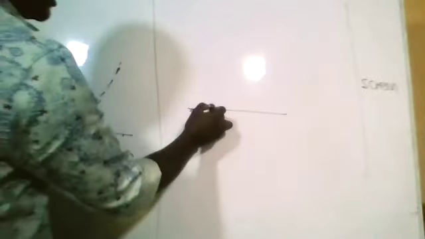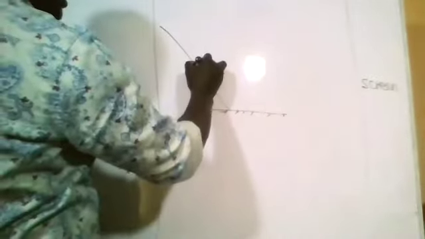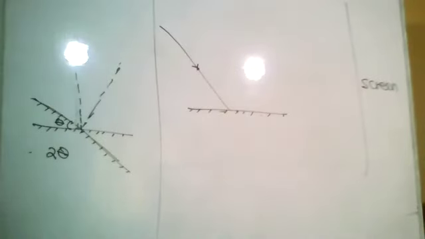sometimes there can be a mirror and then a screen. The vertical line is a screen. So when the mirror is not rotated, an incident ray hits on it and then creates a spot on the screen, such as this.